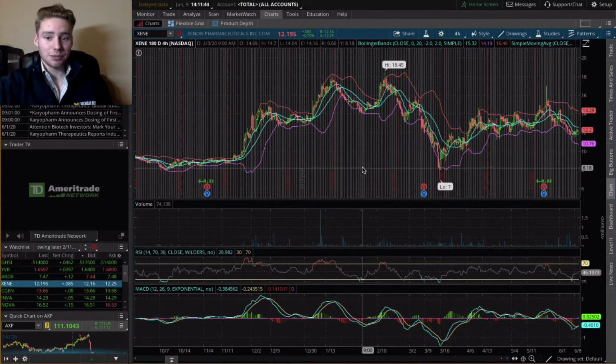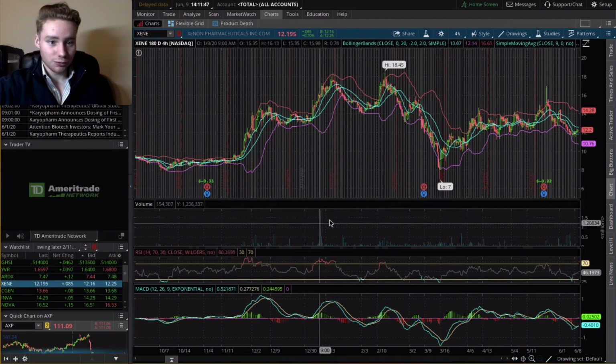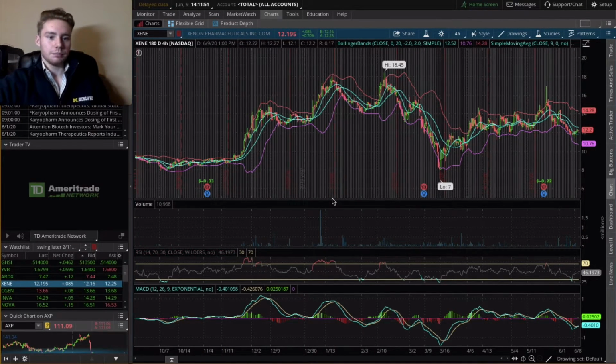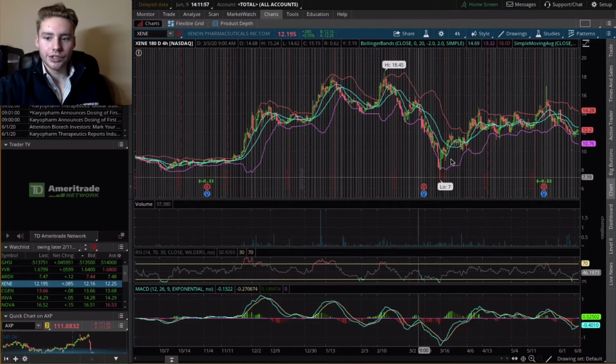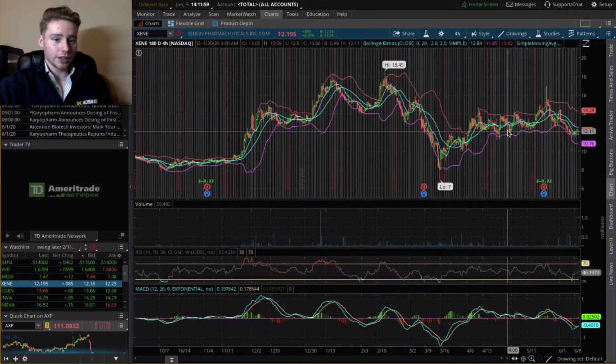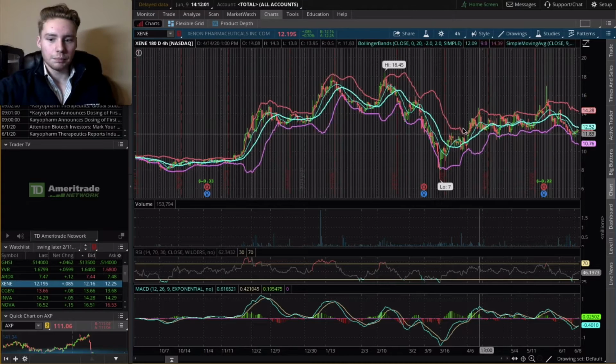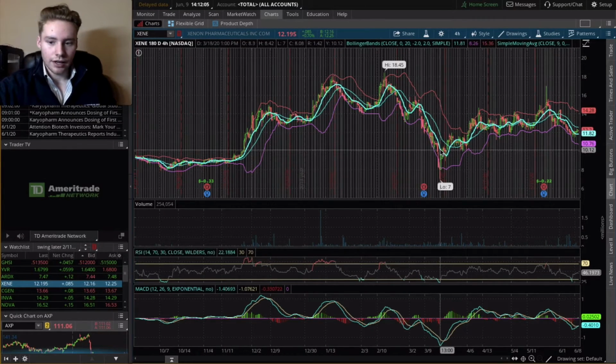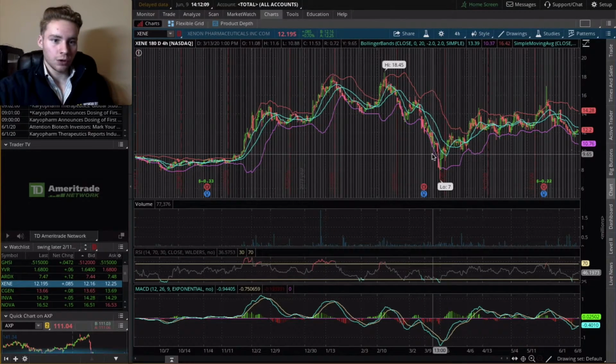Another type of indicator we're looking for is the volume. Now, the volume is essentially just how many people are trading it, how many shares are being sold, how many shares are being bought. So if you're trying to find an upward movement based off of these swing type trades, you're going to want to look for a movement with an increase in volume.